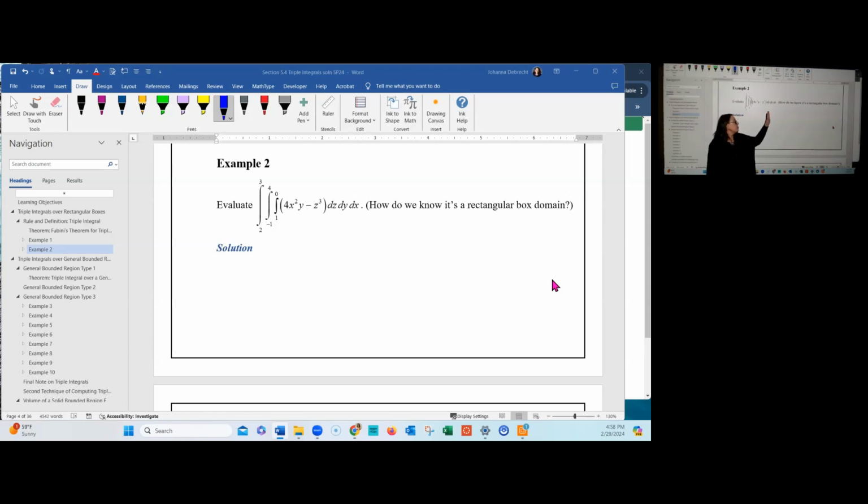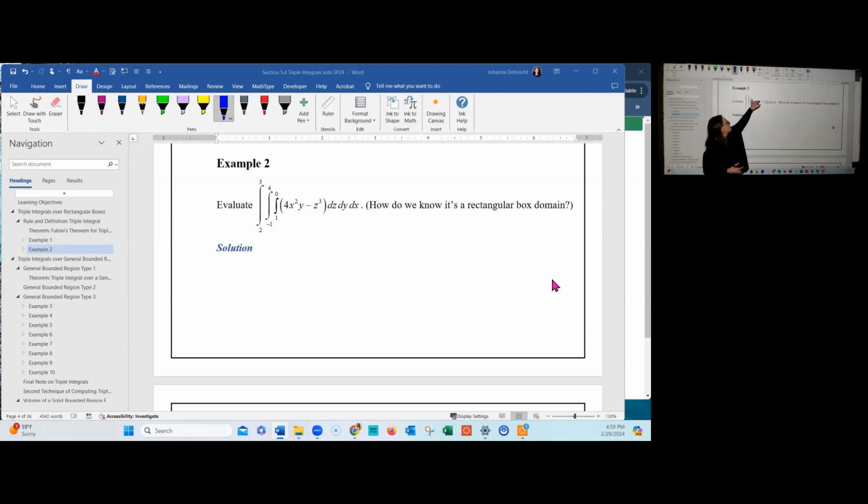How do you know by looking at the iterated integral that you are integrating over a rectangular box domain, much like a Kleenex box? How do you know? Again, a box is given by constant restrictions on all 3 independent variables, x, y, and z.